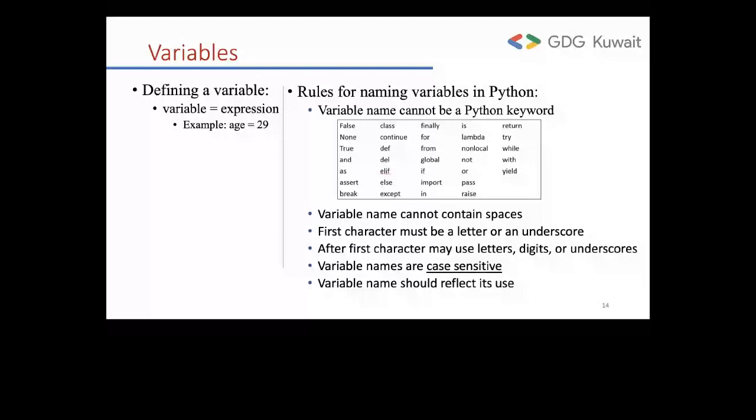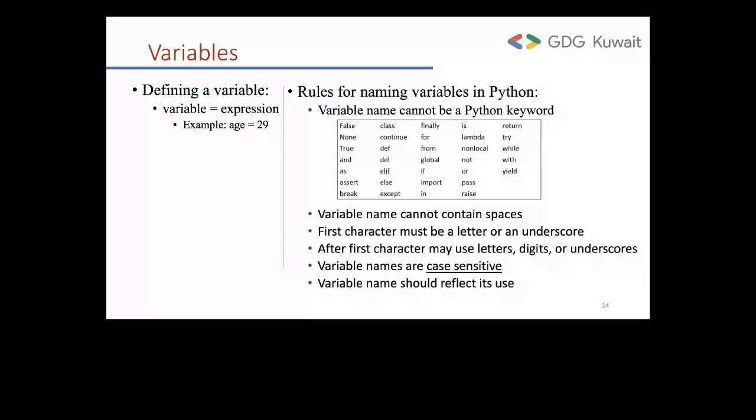Okay, a variable name should reflect its use, so you can remember the variable while programming, because in a long program, you should remember which is which. So when you write a variable name that is not related to the function it does, you forget what it is. Strings.